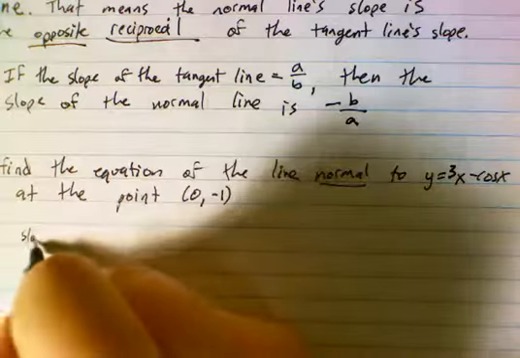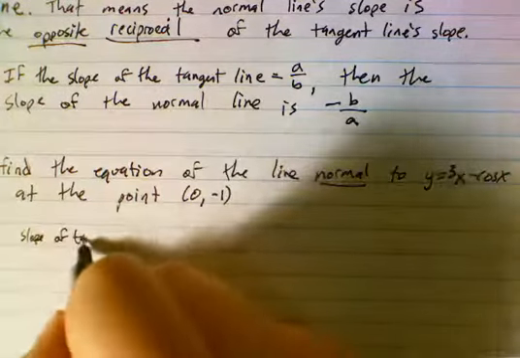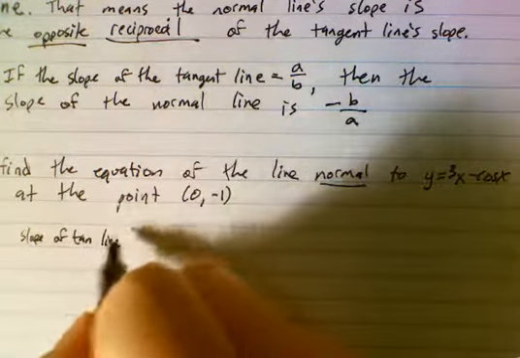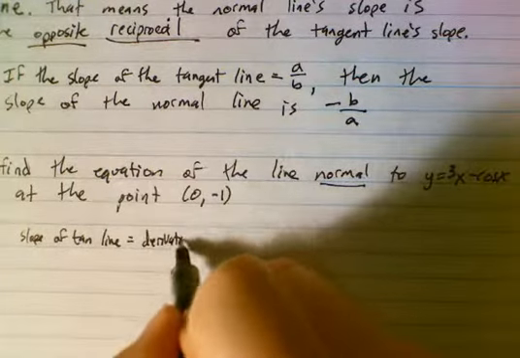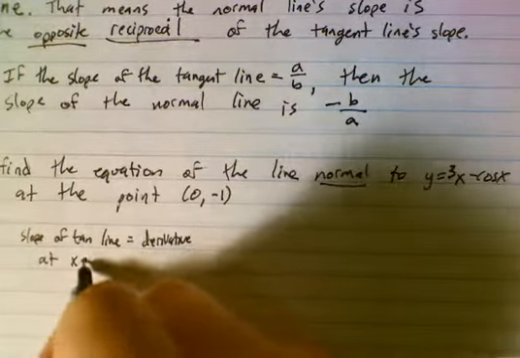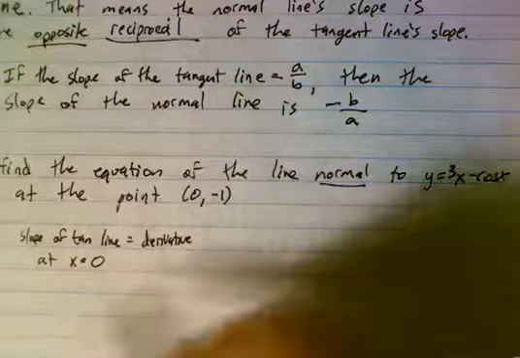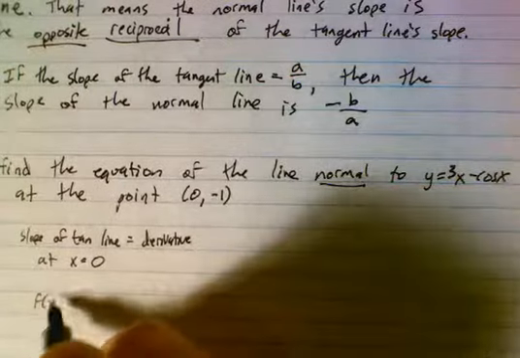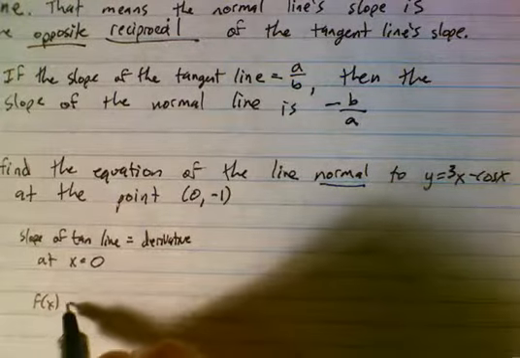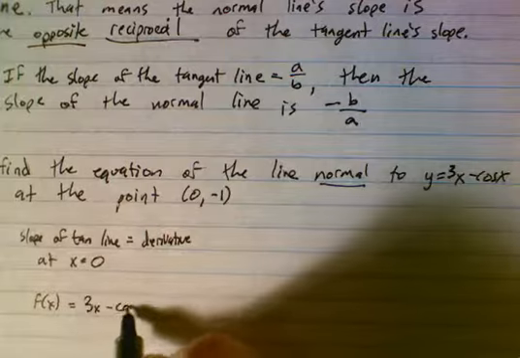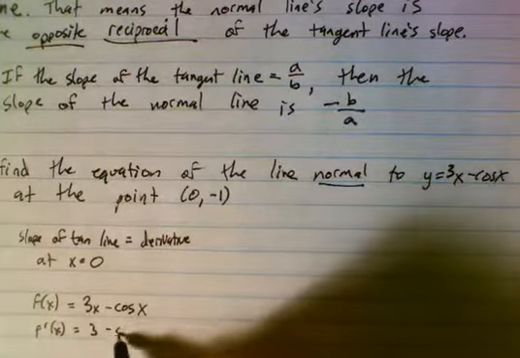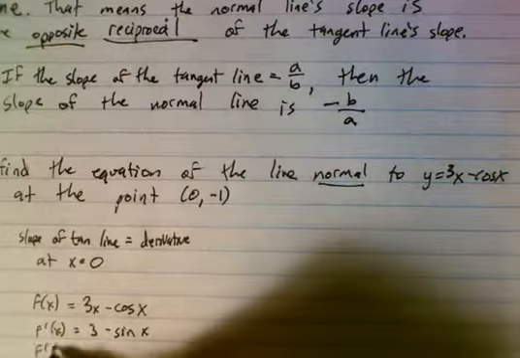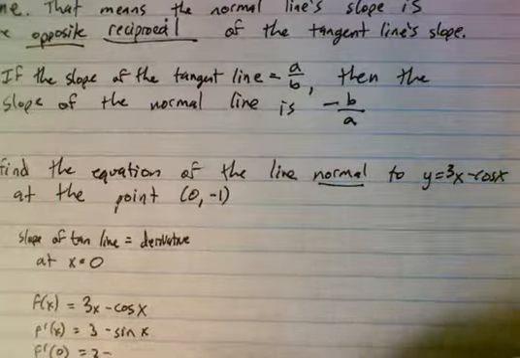So to find the slope of the tangent line, I'll rename it f of x again, just so that I can clearly note that I'm evaluating it. f prime of x is 3 minus sine of x. f prime of 0, same problem we did before.